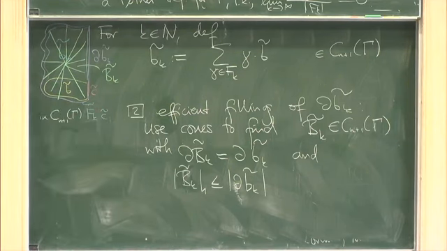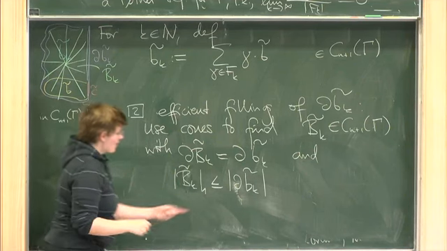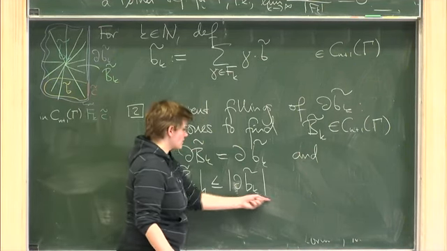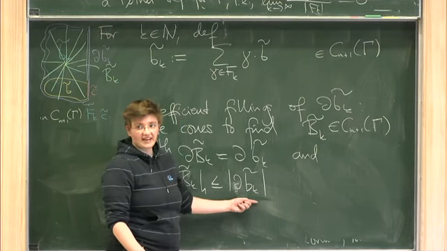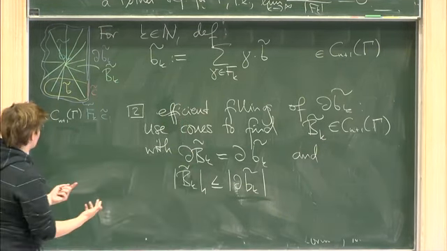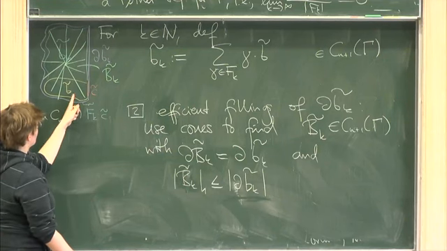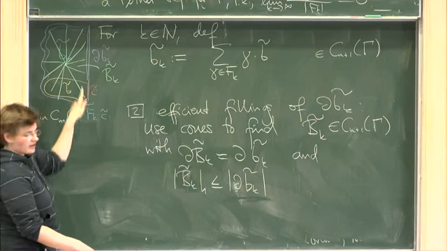So this will be this thing. Okay. So now, what did we gain? Well, we can control the size of the boundary of B_k tilde, because this is not just any chain, but we got it from B tilde by translation of a Følner set.